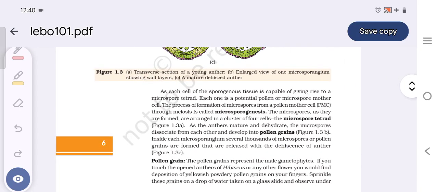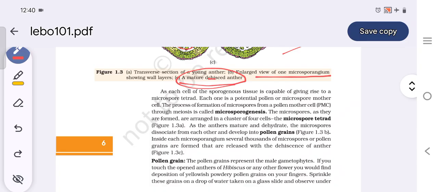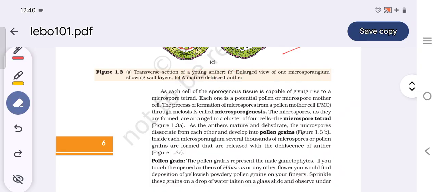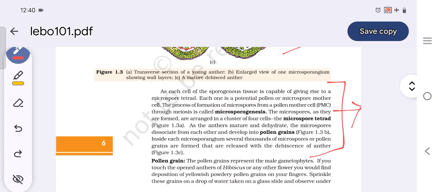Now, if you go by the explanation of this entire process, let's see how the process is developing. Here we have the microspore tetrad.